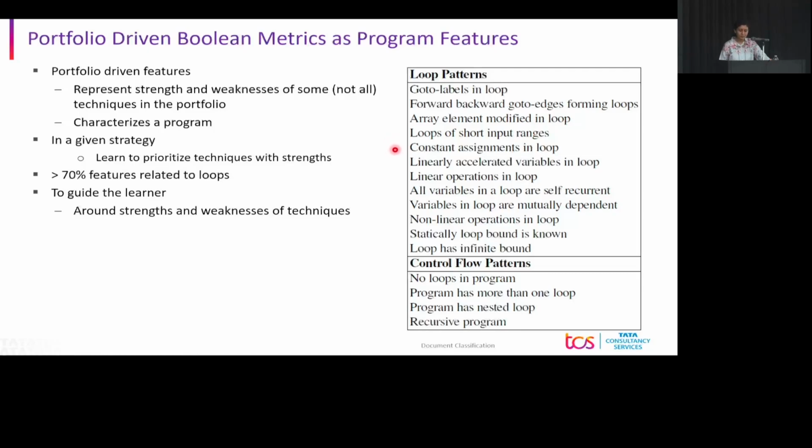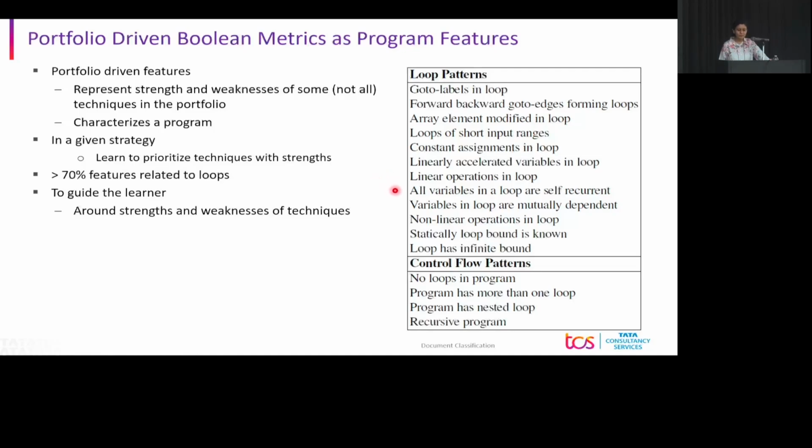Then constant assignments. This is for showing the weaknesses. So this will tell that LabMC may not be good on this. But on the other hand, ESBMC can be good on this. So this is how we made the selections. Linear acceleration is a strong point of LabMC. Similarly, linear operations. When there are linear operations, then BMC can scale better. So linear means we should try BMC.